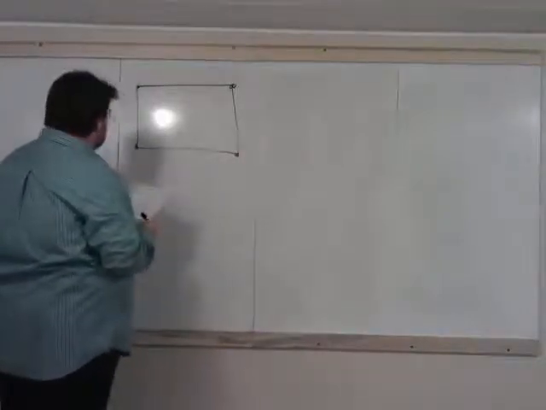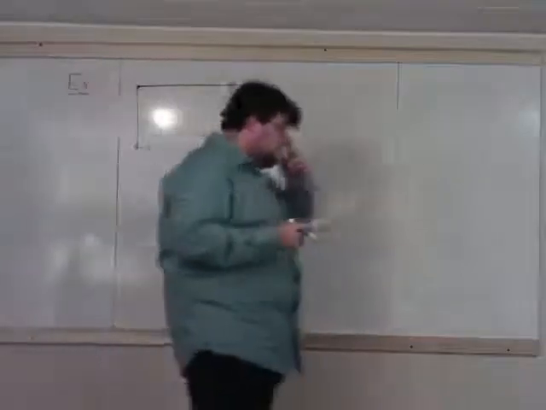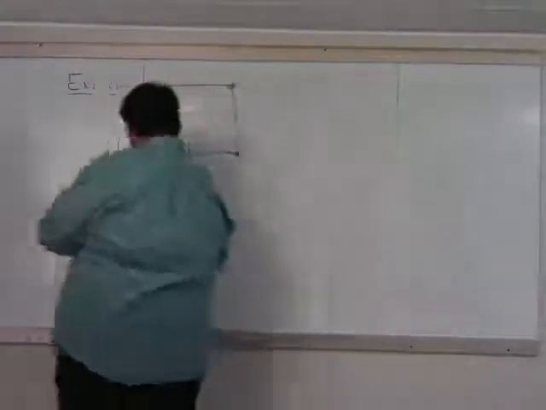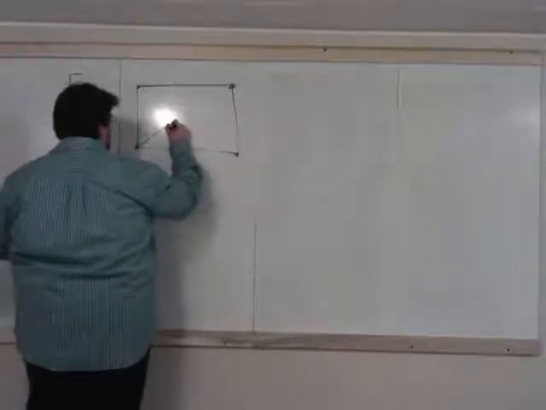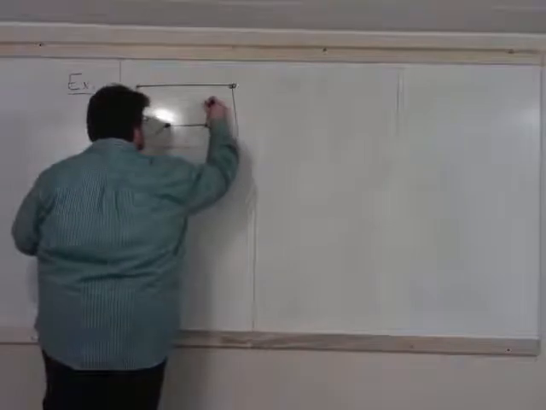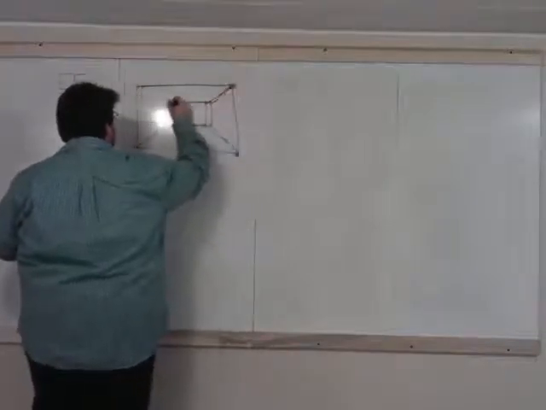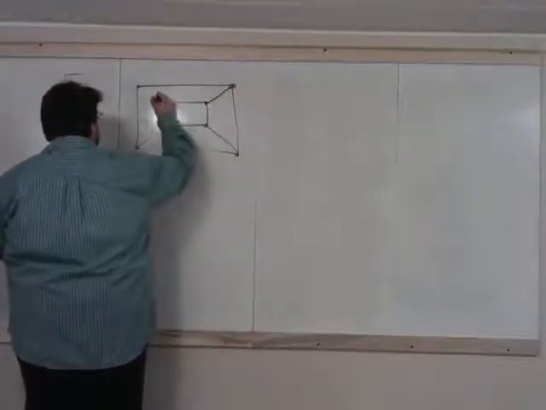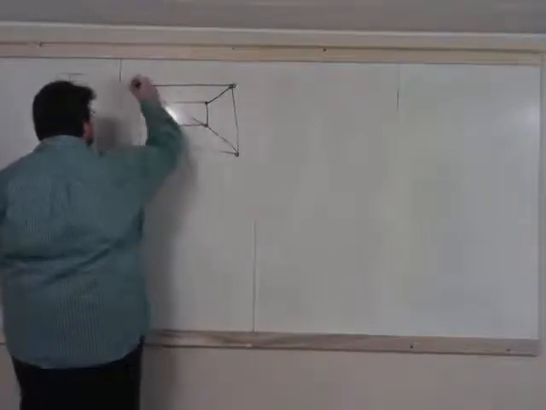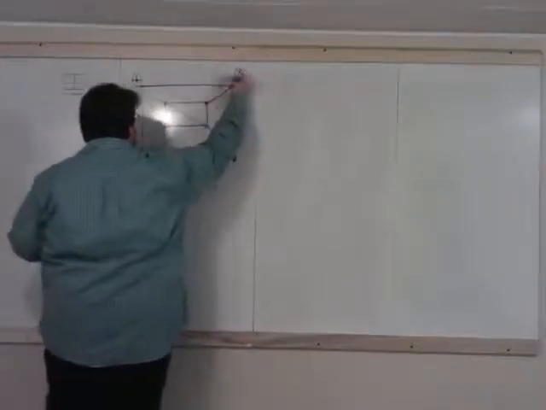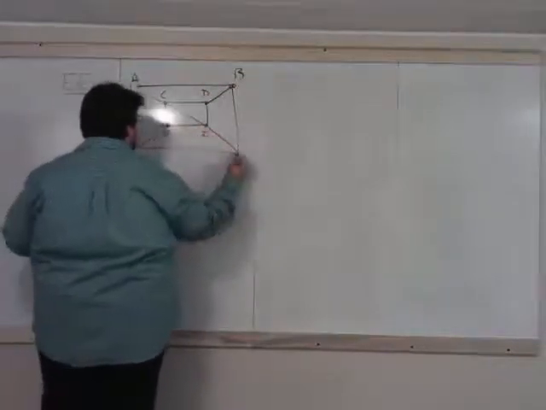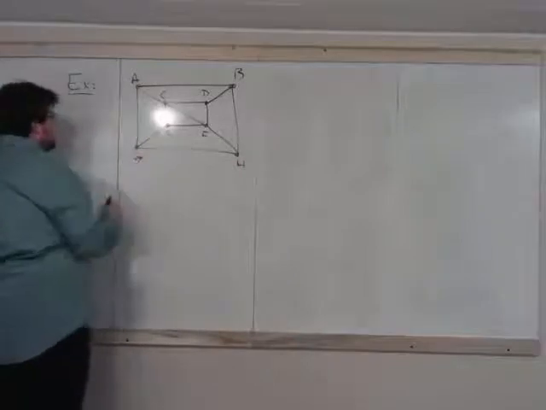We'll have 8 vertices that look like this, and we'll label them A, B, C, D, E, F, H, and G.